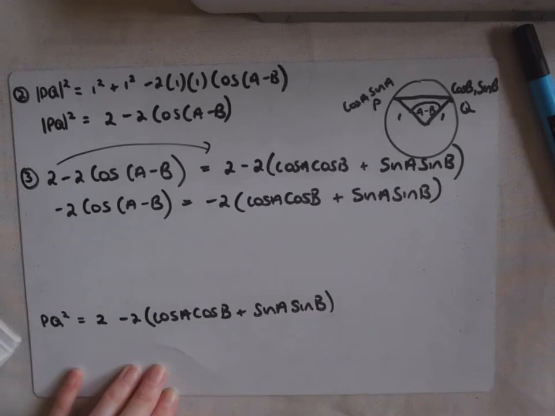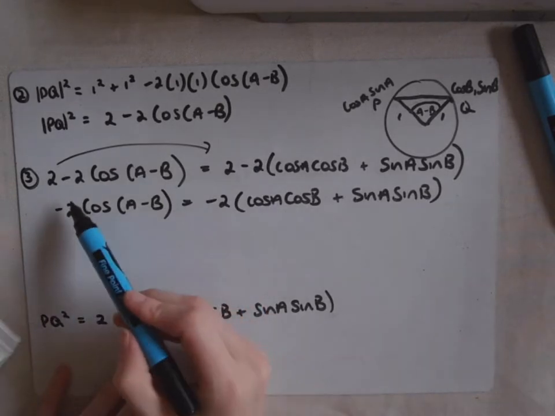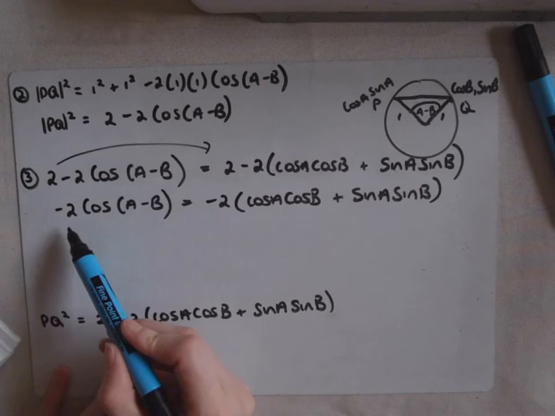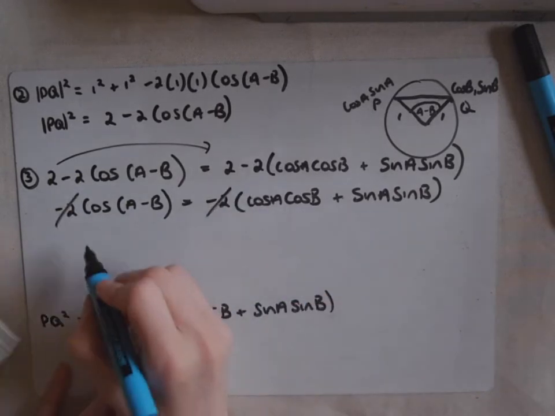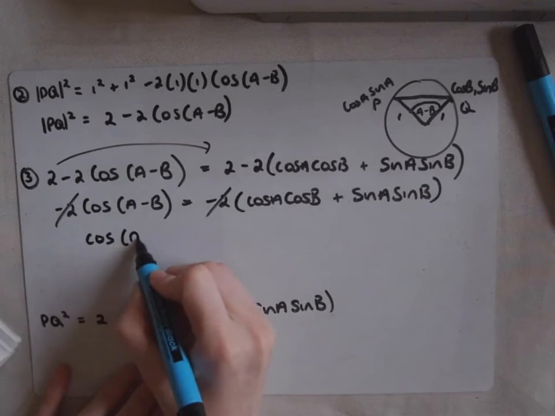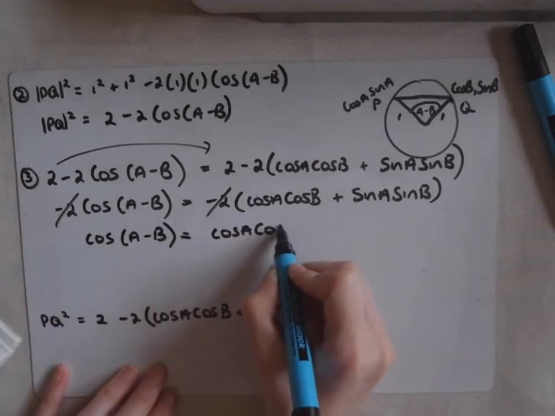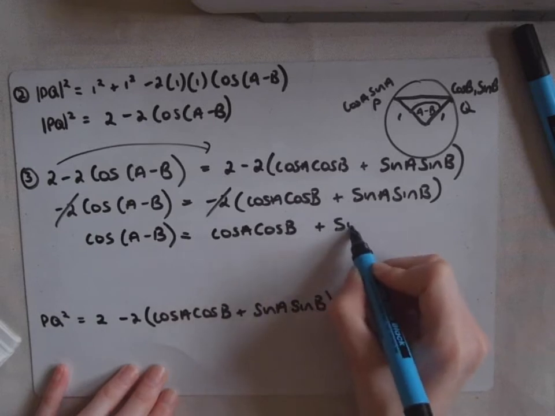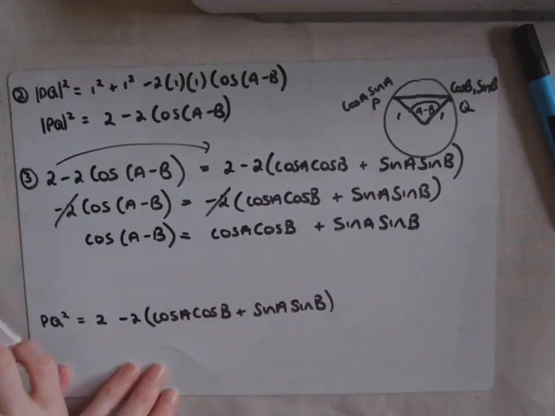Yeah, exactly. You can either bring this one down or divide both sides by minus 2. I'm multiplying by minus 2 on this side and on this side, so why bother? What you end up with is cos of A minus B is cos A cos B plus sin A sin B. And that is what they asked me to prove.